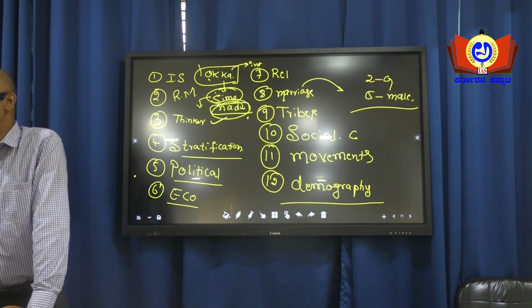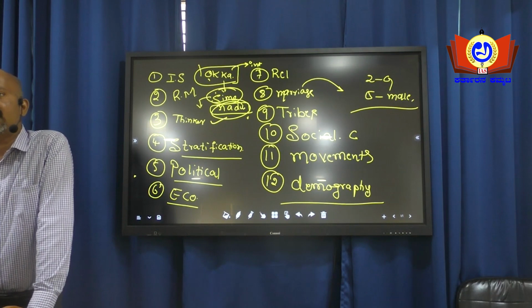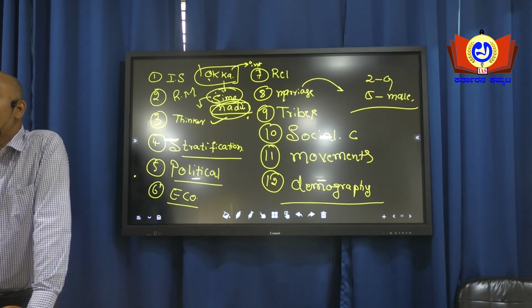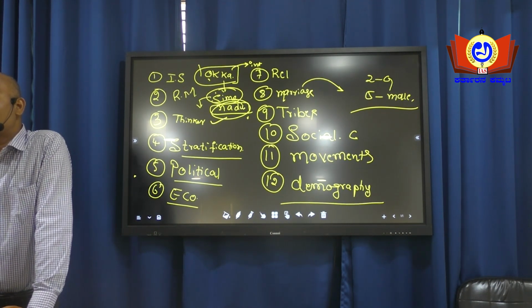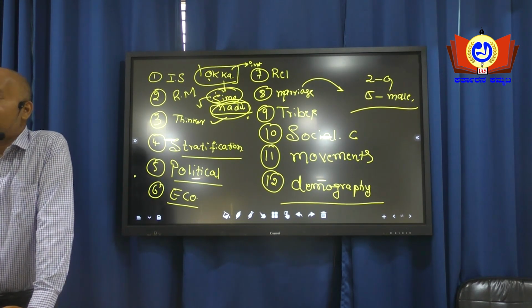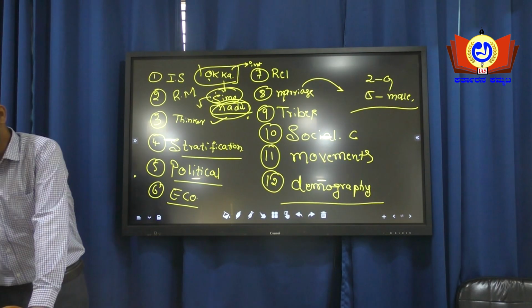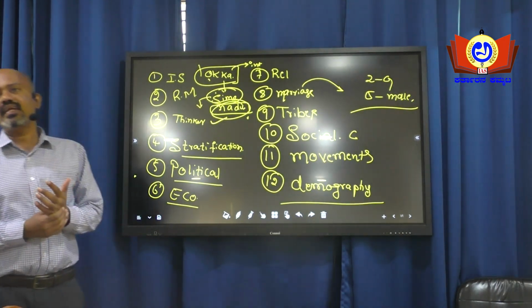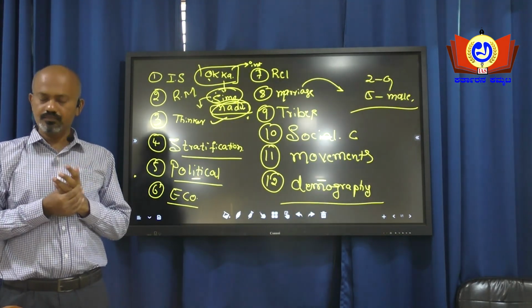So, according to Emile Durkheim, when it comes to division of labor, that means how work is distributed in society, two types of society exist. One is primitive society, which has mechanical solidarity. Primitive society means, for example, villages. Mechanical solidarity we have. And organic solidarity, that is, modern societies have organic solidarity.